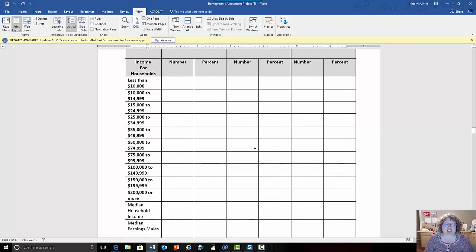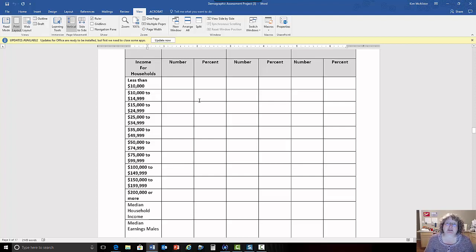Then economic characteristics. You're going to find a whole list of income, and you'll be looking at the number of people who have separate income levels. So when we look at income, we look at what percentage of the population is living in poverty.